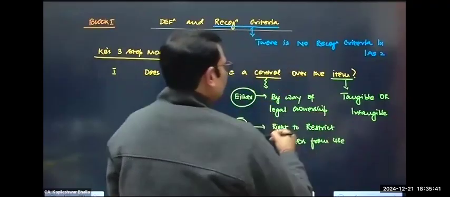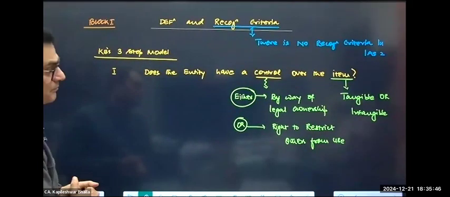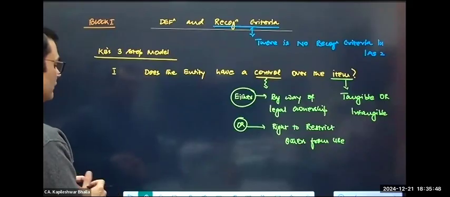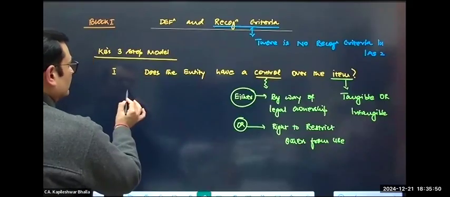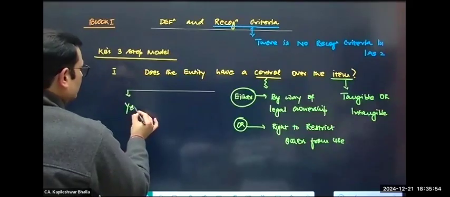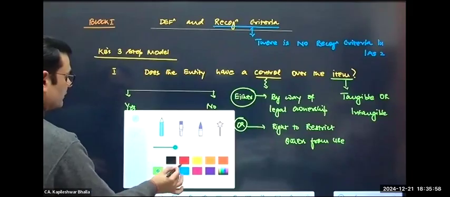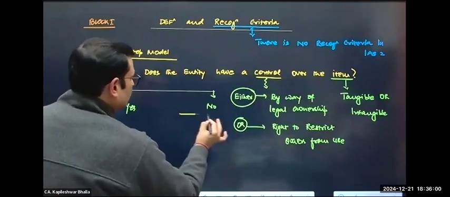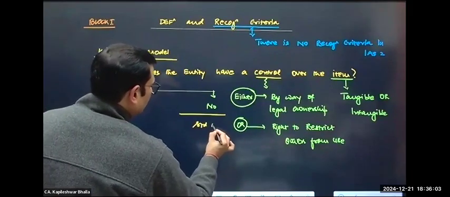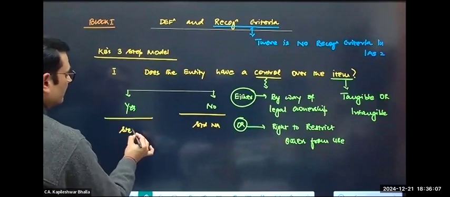Either of the two things has to be proven. So when you ask whether you control the item, the answer would be a yes or a no. If your answer is no, then the standard is not applicable. And if the answer is yes, I'll go to step number 2.